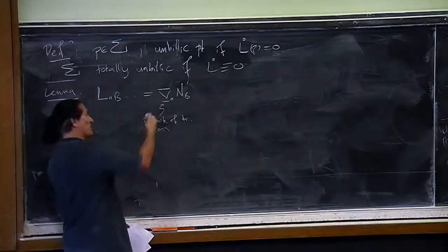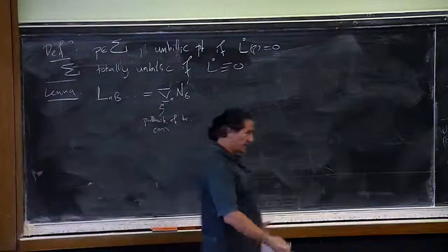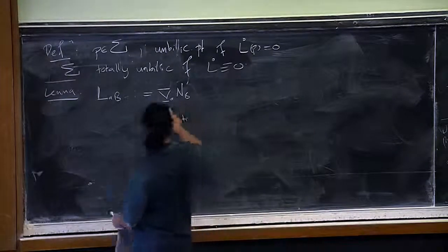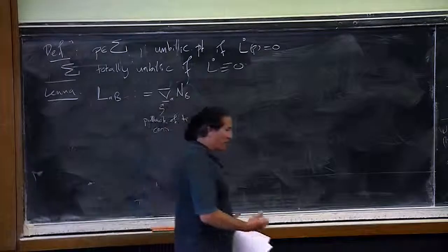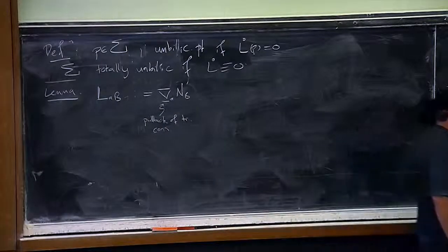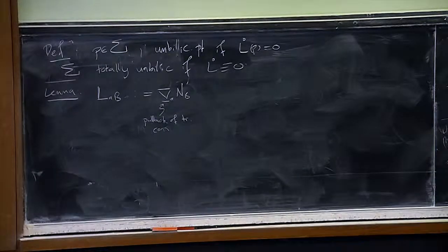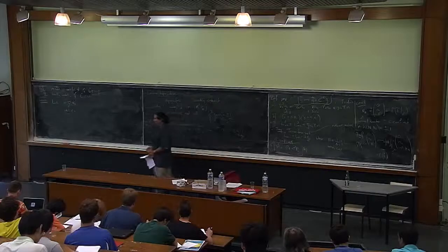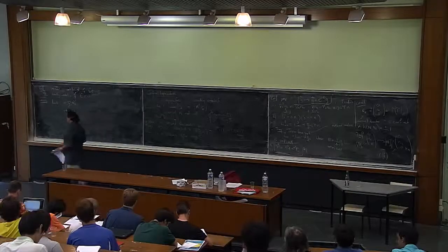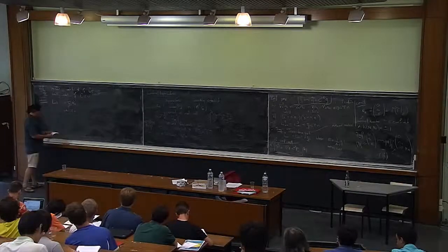In other words, it's just the tractor connection differentiating in tangential directions. You could use a different index, but I want to think of the tangent bundle of the submanifold as being a sub-bundle of the ambient tangent bundle, and the same with the cotangent bundle, because it turns out that the notation's better that way.